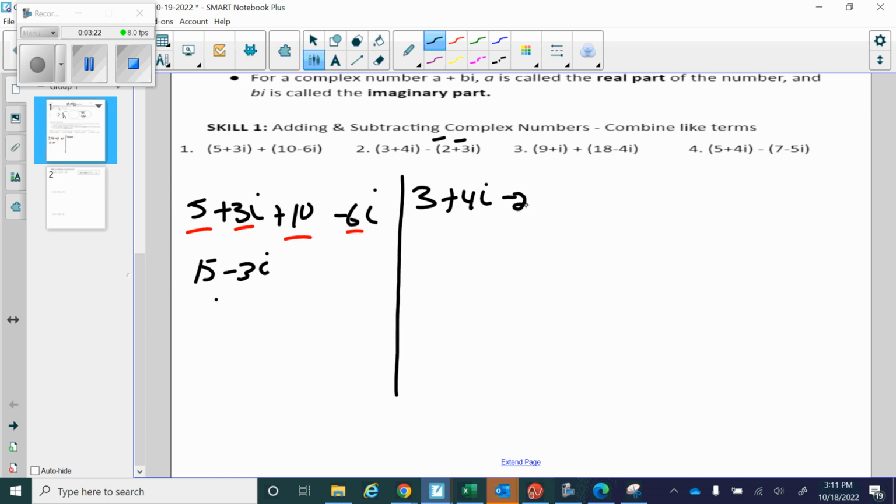Combine like terms again. 3 and -2 gives me 1. And then we have 4i minus 3i. 4 minus 3 is just 1, which gives me 1i, or plus i.